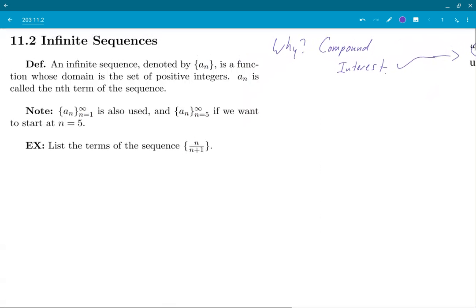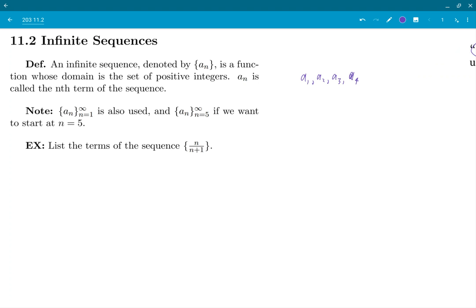Now, we're going to start by studying sequences. A sequence is described in kind of fancy language here. To simplify, what we're just talking about is some numbers in a definite order.